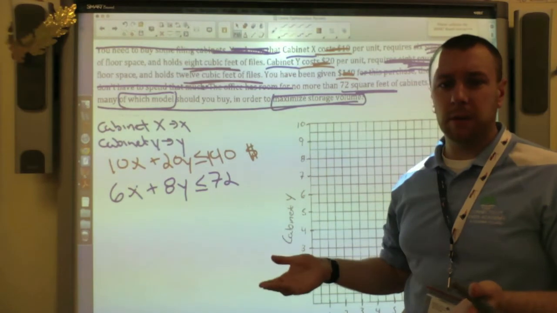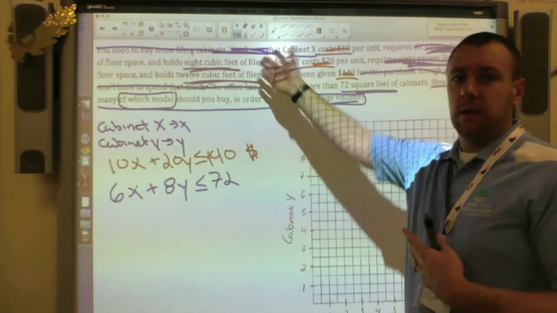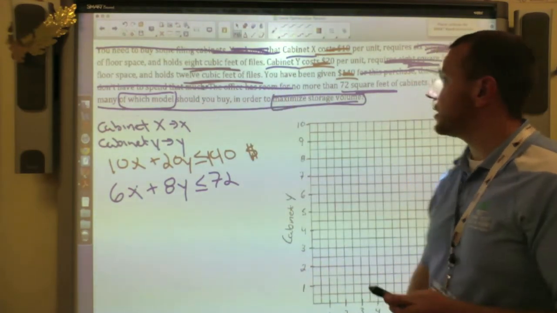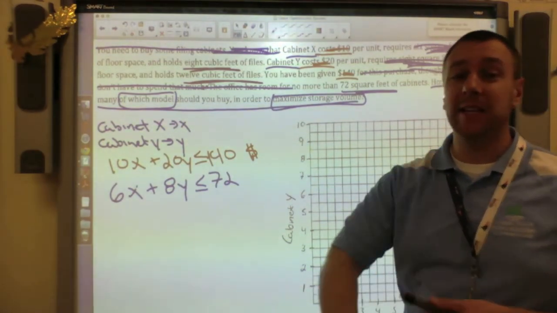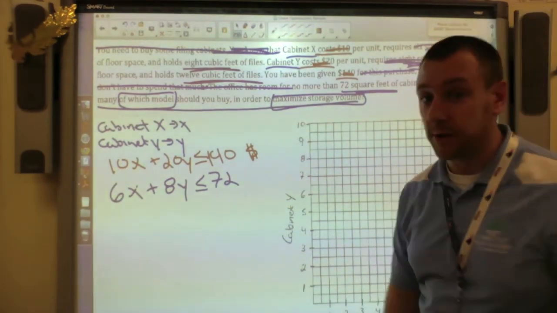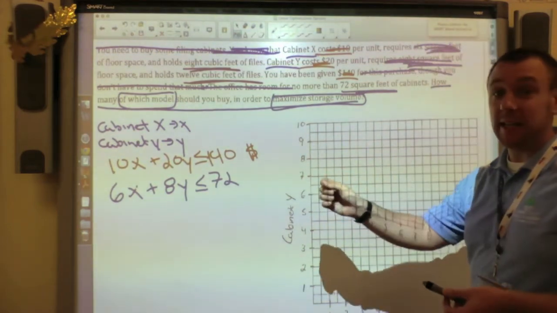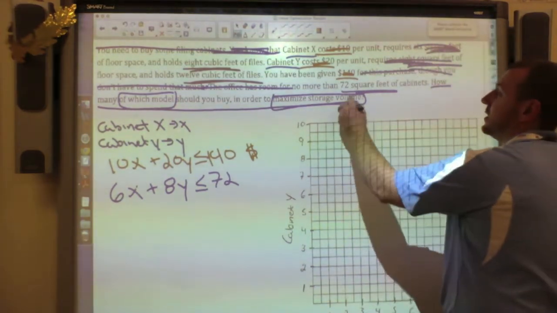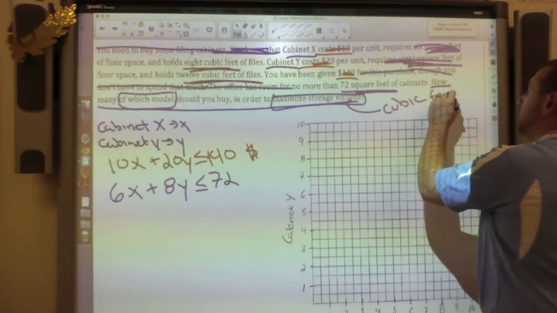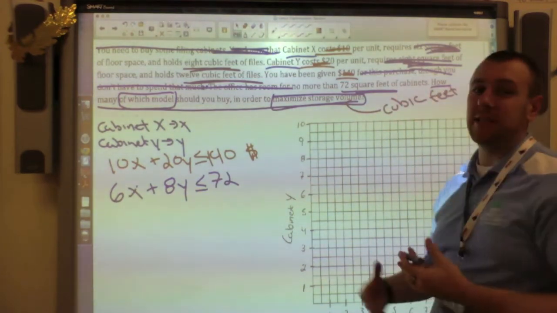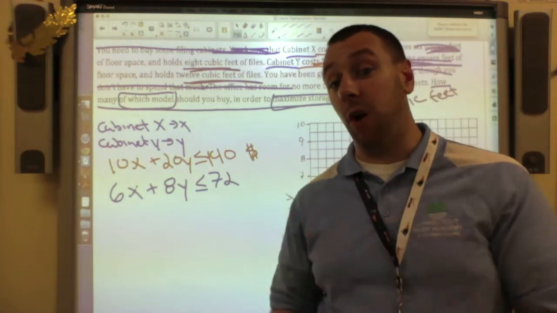Is there any other number that deals with cubic feet? Well, it's kind of slick how they did it. And you might need to remember back to geometry. Cubic feet is another way of saying volume. Anytime you're dealing with cubic something, it's a volume.